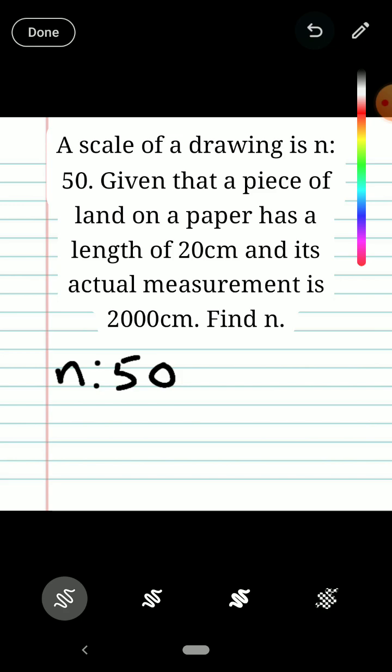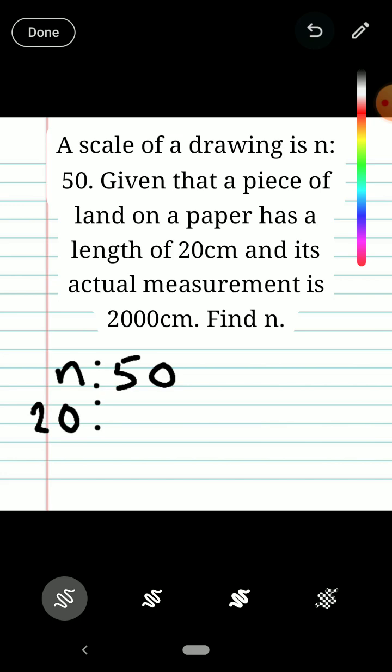We have agreed that on the left we write the map measurement and on this side the actual measurement. So n to 50. We take the 20 centimeters, which is the measurement on the paper or on the map, and write it here. Whatever is written on the paper, that's what we're referring to as map.